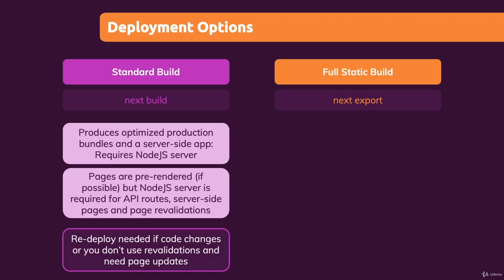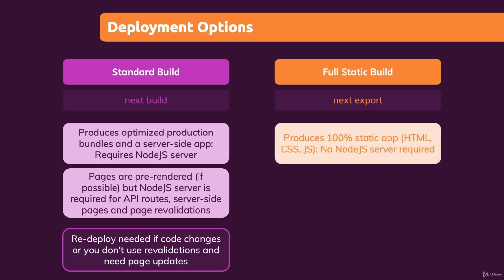It also produces an optimized production version of your application, but it produces a 100% static application, which means only HTML, CSS, and JavaScript, no server-side code, and therefore for hosting such a website, you don't need a Node.js server.